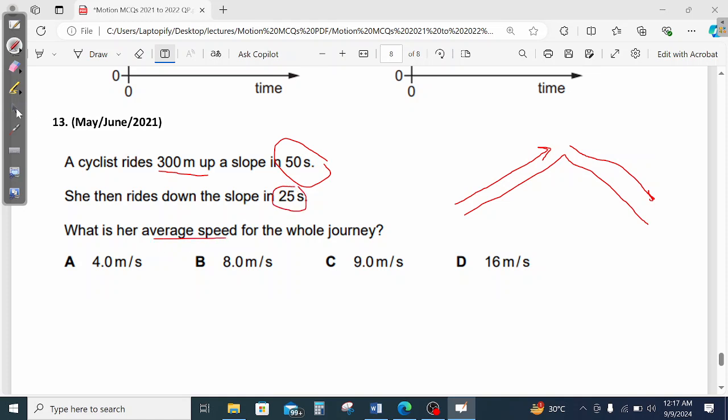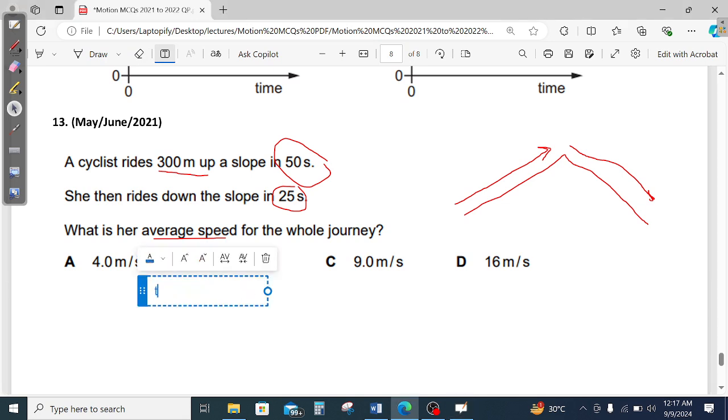So in that case you have to focus on the solution. The formula is total distance divided by total time taken. Total distance is 300 meter, and when moving downwards again 300 meter.